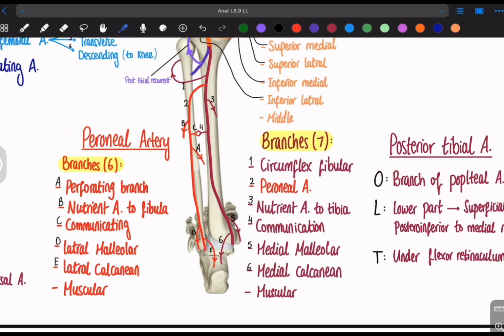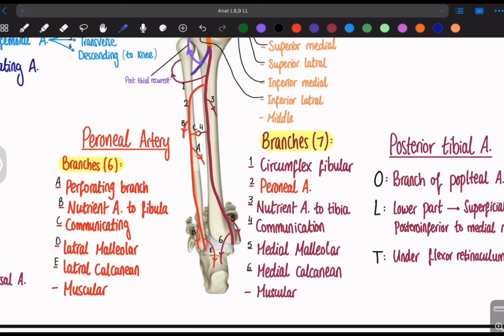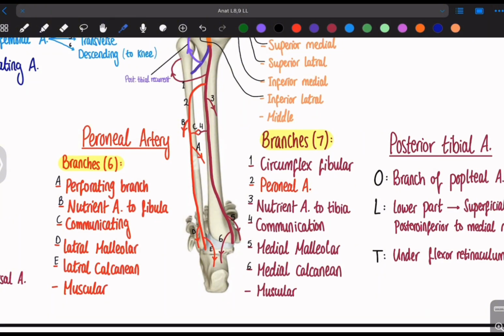Okay? Then we have communicating or communication branches. From their name, communication, same thing. They're for the two arteries to communicate. Meaning the peroneal artery and the posterior tibial artery have to communicate, right? So there's two branches that allow this communication. So we have a communicating branch from the peroneal artery and a communicating branch from the posterior tibial artery.